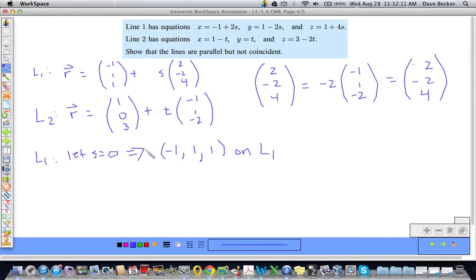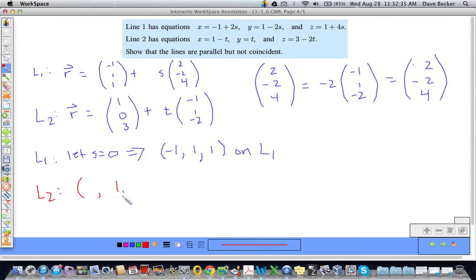Okay? Now I select really any point, and I'm going to make my life easier, to be on line 2, and I'll do line 2 in red. So on line 2, I'm going to select the y-coordinate 1. I just didn't want to deal with the negative, so I moved to the y.